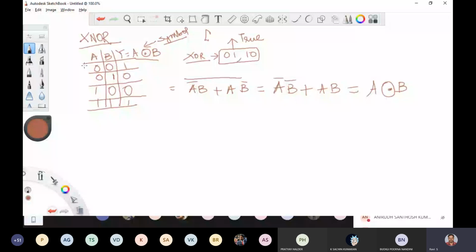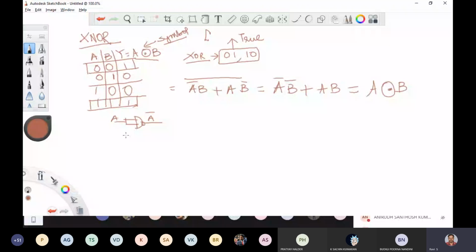A bar is connected to one more NAND. We assumed this as number 3, so we obtained A bar B whole bar as output.